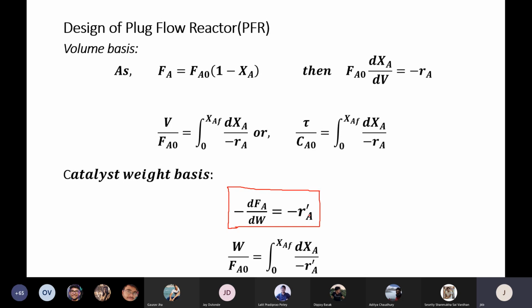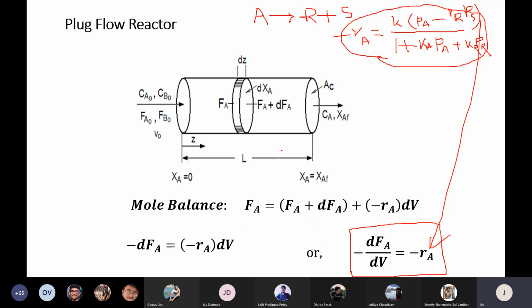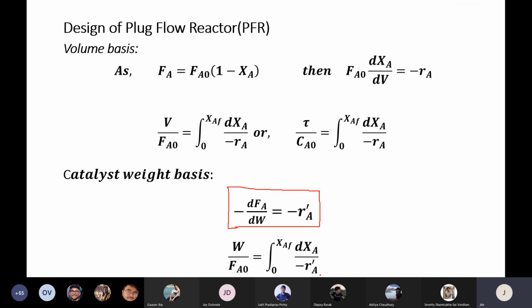Substitute the rate expression if available in the form of Langmuir-Hinshelwood kinetics, as I have shown in the last slide. Minus Ra, K is the rate constant, partial pressure difference term, and the adsorption terms in the denominator. So this rate equation we can substitute here and solve it.